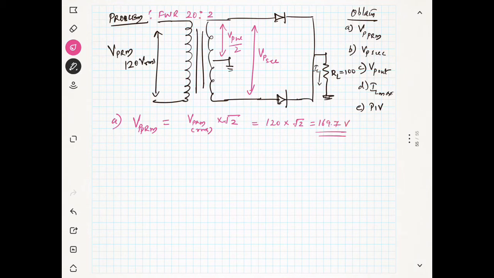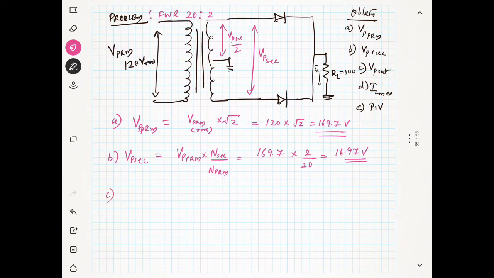Now you have to find Vp secondary. Vp secondary is Vp primary multiplied by the number of turns in the secondary divided by the number of turns in the primary, which is 169.7 multiplied by 2 by 20, which is 16.97 volt.